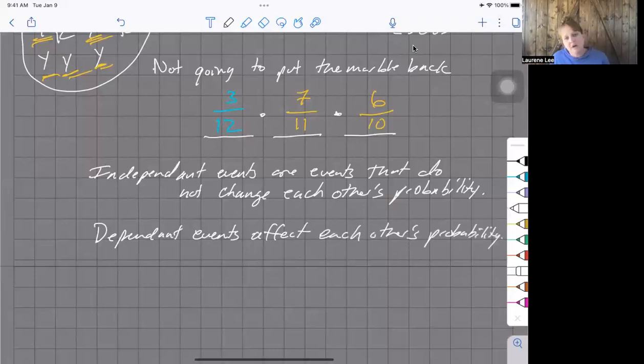Now, a lot of times this has to do with replacement. That's not an exclusive way to tell if something's dependent or not, but a lot of times it does. Okay. So let's talk about a little bit more like kind of real life stuff.